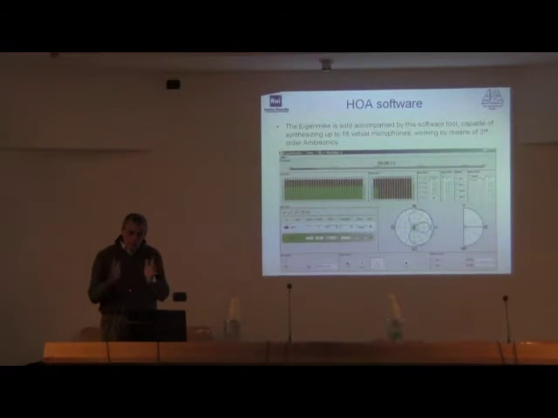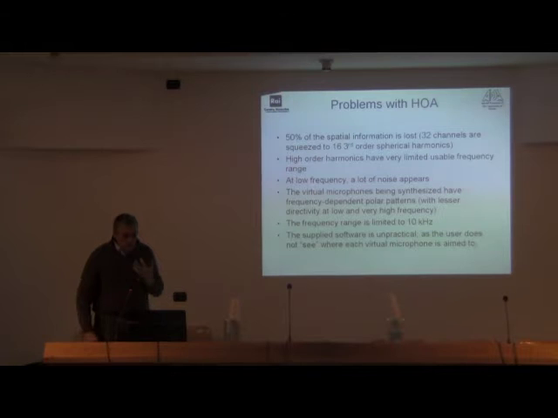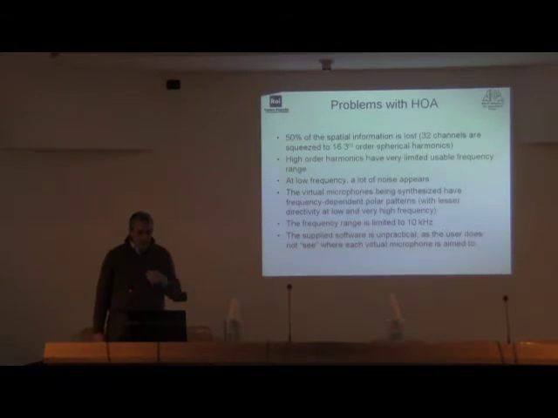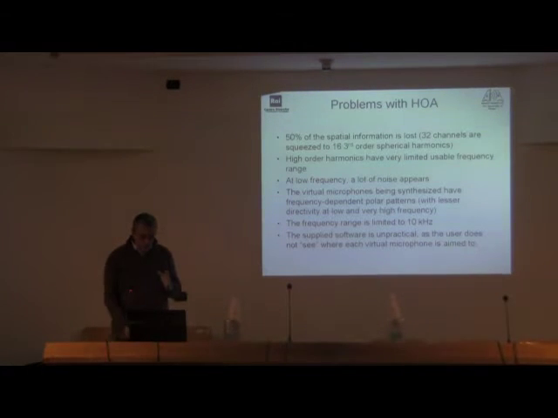They can be narrow in a central frequency range, but they give up directivity at very low or very high frequency. So we have this kind of problem with the high-order Ambisonics technology, and we developed an alternative technology which is no longer Ambisonics based, for creating much narrower microphone arrays with sharper directivity patterns, lower noise and wider frequency range.